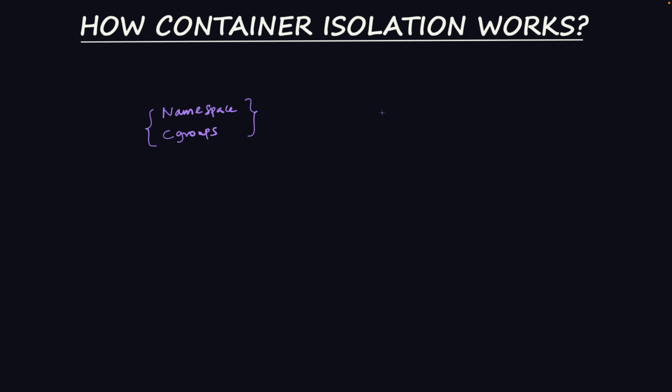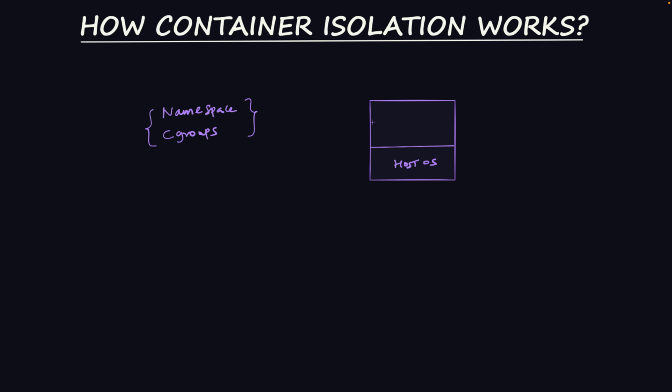Now when we run a container, what we expect is we expect the container to be isolated from the host operating system. We'll have host operating system and we want our container to be isolated from the processes that we see within the host operating system and also the processes running in the other containers.